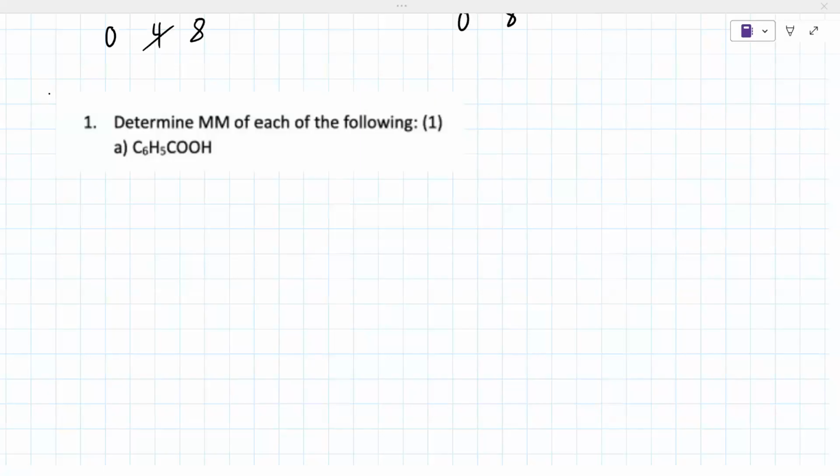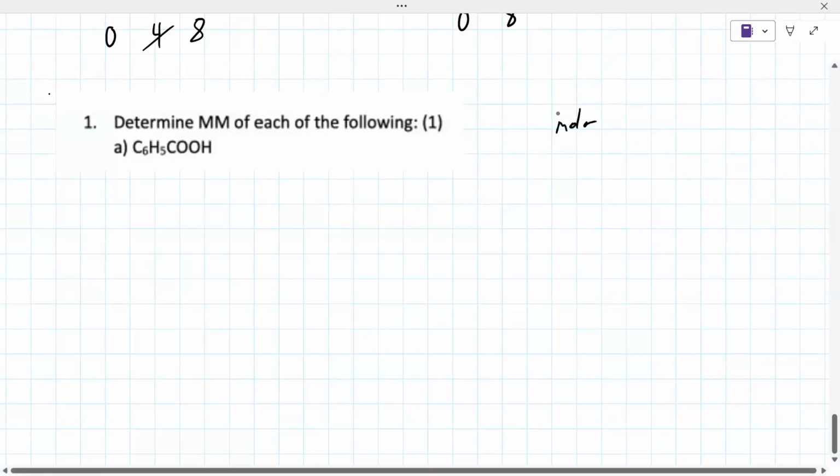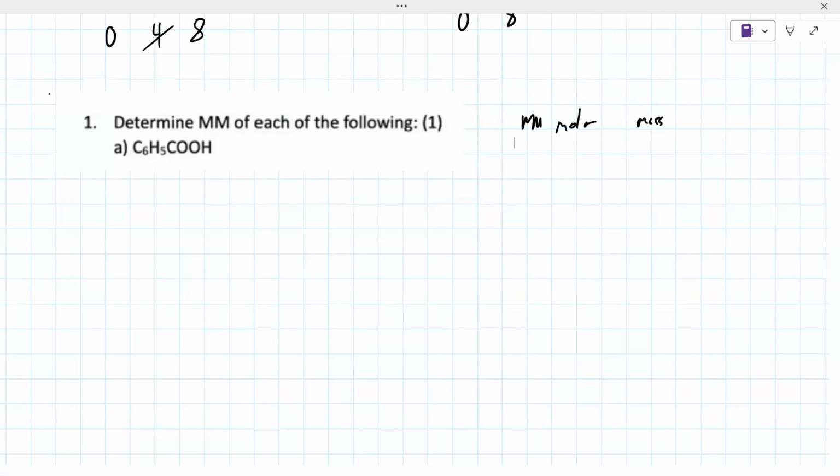All right. So the MM is the molar mass, and this is very much from the periodic table. So you need the molar mass of carbon, you need the molar mass of hydrogen and oxygen.